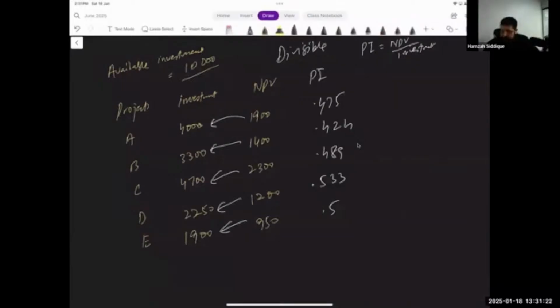Now, the next thing we need to do is rank the projects. Second is the ranking. Highest profitability index, rank 1. Second highest, rank 2, rank 3, rank 4, and rank 5.